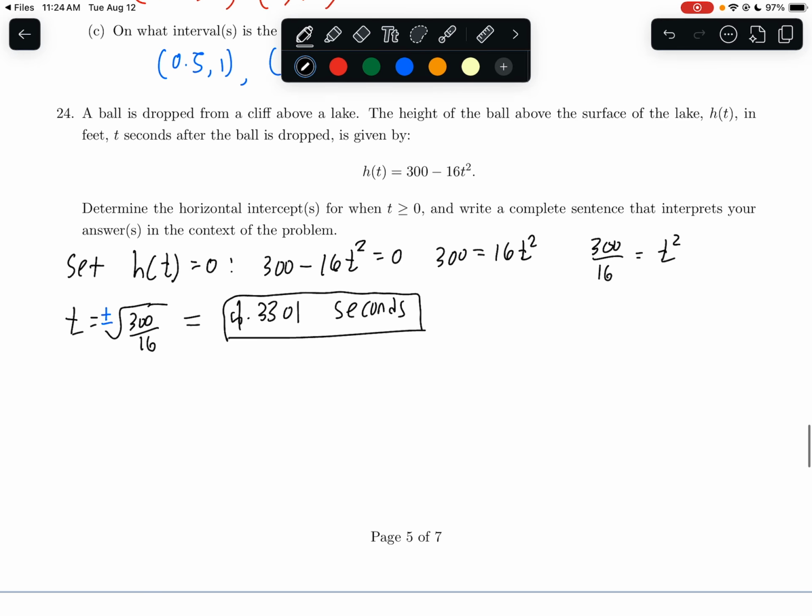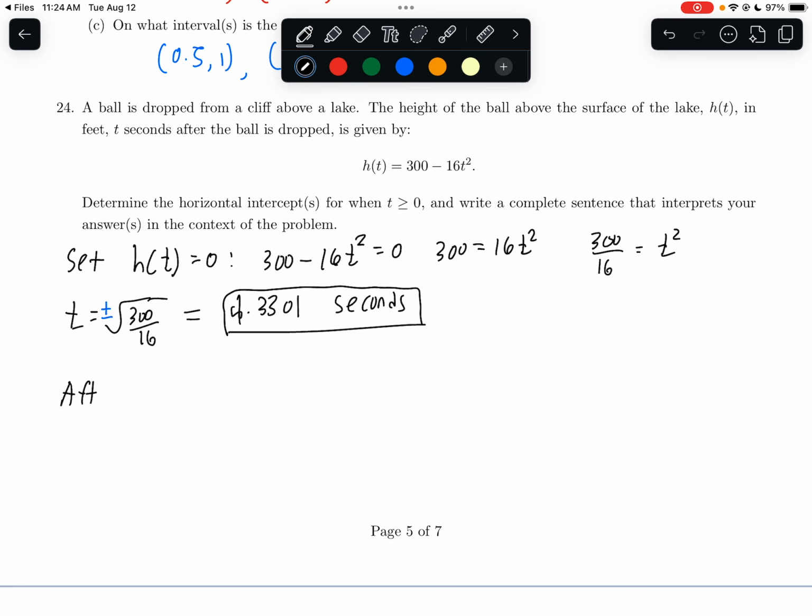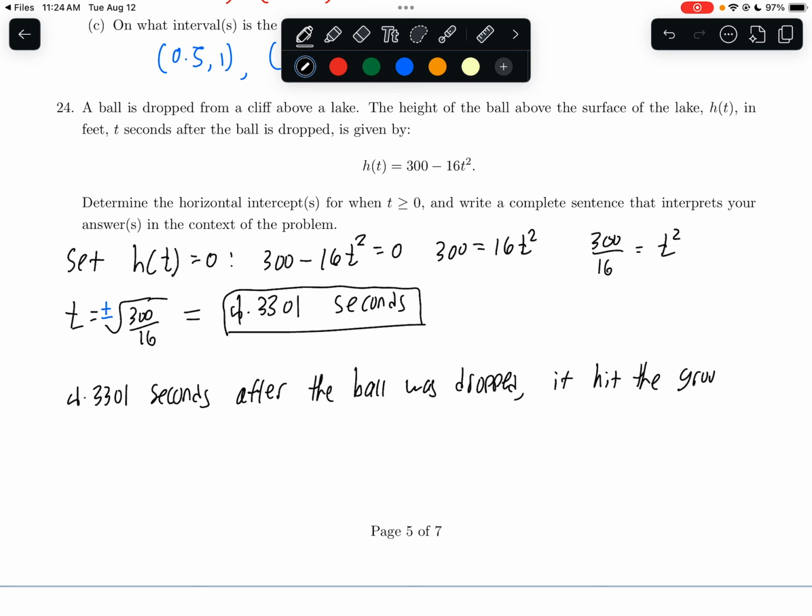Now what it means is that this amount of time after it was dropped, it hit the ground, or hit the lake, I should say.